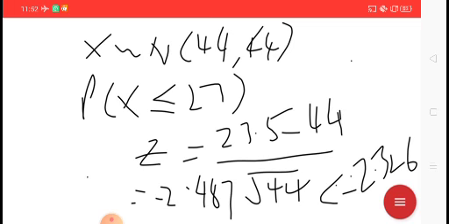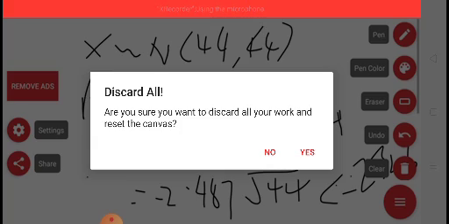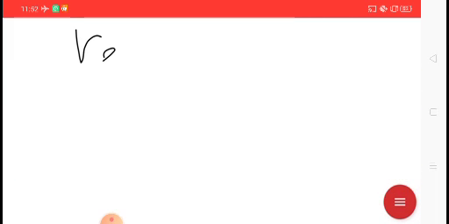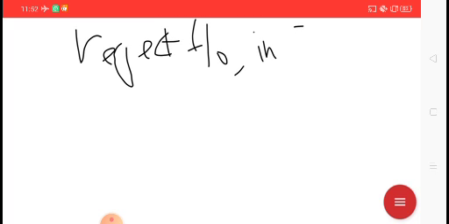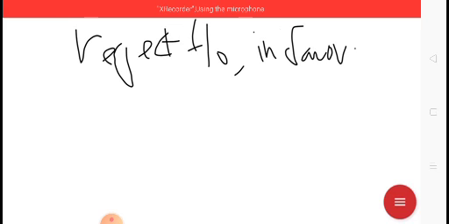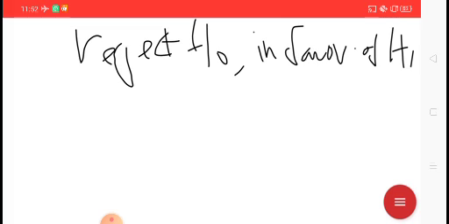So is it in the critical region? Yes, in the critical region. So if it is in the critical region, it means reject H naught in favor of H1.